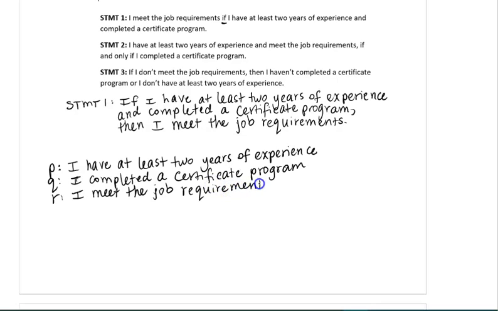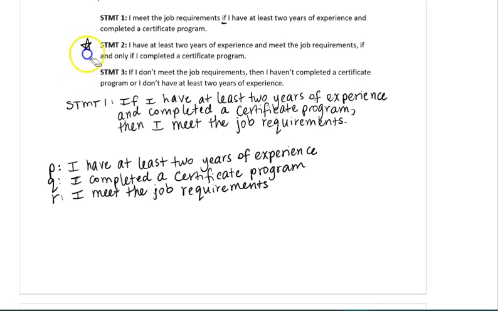Now notice that I used statement 1 to come up with these, but these simple statements are also involved in statement 2 and in statement 3, and there are no other simple statements involved. So we're only talking about having at least 2 years of experience, meeting job requirements, and completing a certificate program.